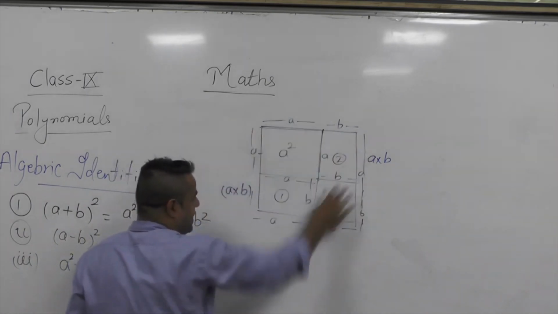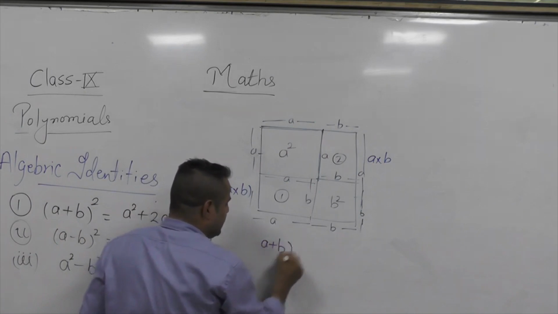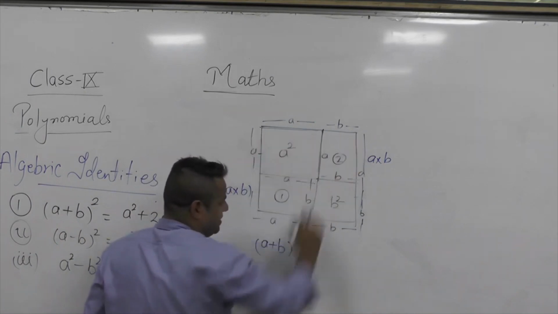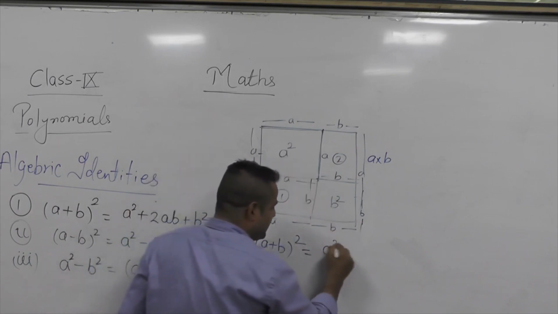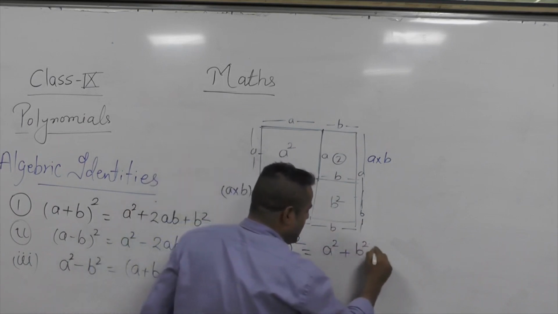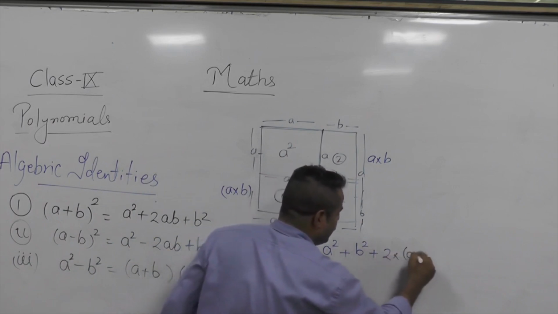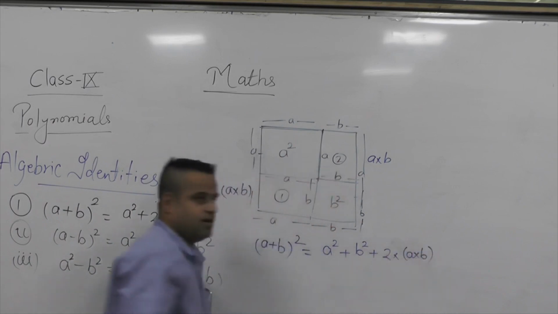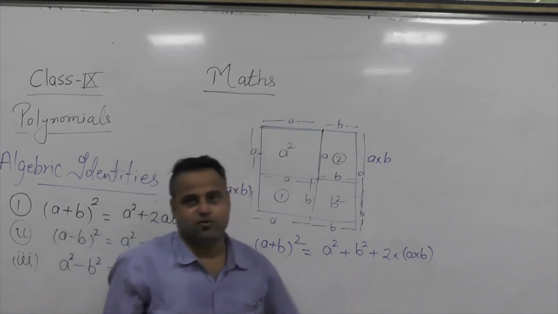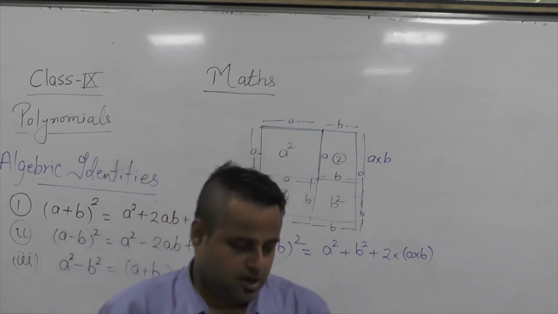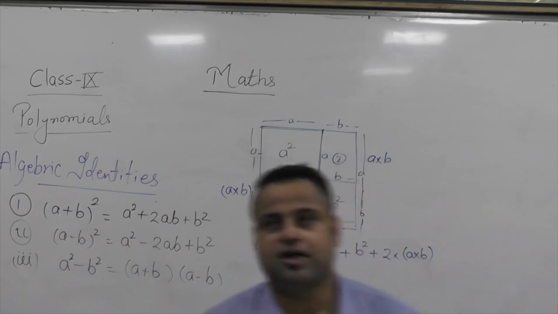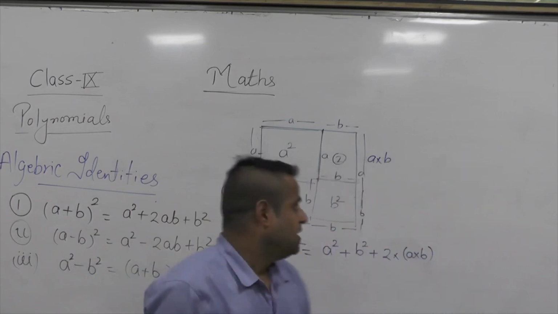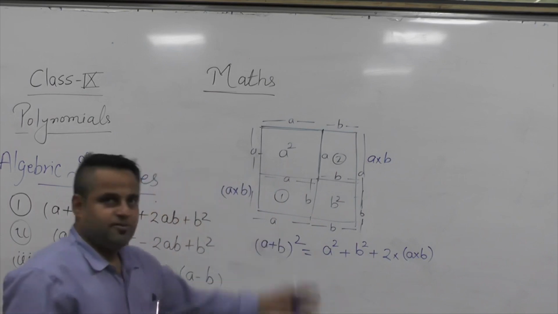The whole square area is side square, and the side is A plus B. So A plus B whole square includes a square of side A, a square of side B, and 2 rectangles of area A into B. So this is how your identity works. This is only a practical. We will do it later in the class, when the class starts. Till then, just remember it.